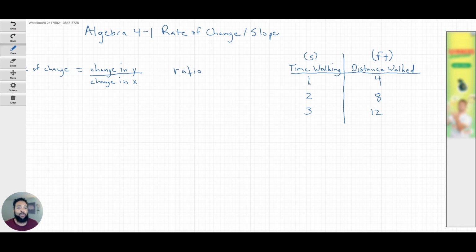So for every 1 second, you went 4 feet. If you've gone 2 seconds, you went 8 feet. If you've walked 3 seconds, you've gone 12 feet. So I'm going to show you how to calculate the rate of change or ratio or slope or steepness of a line based on these numbers.